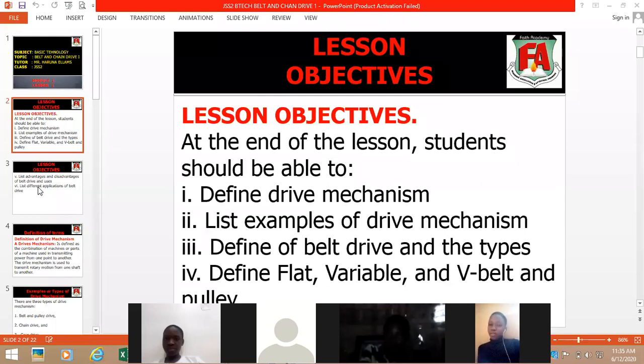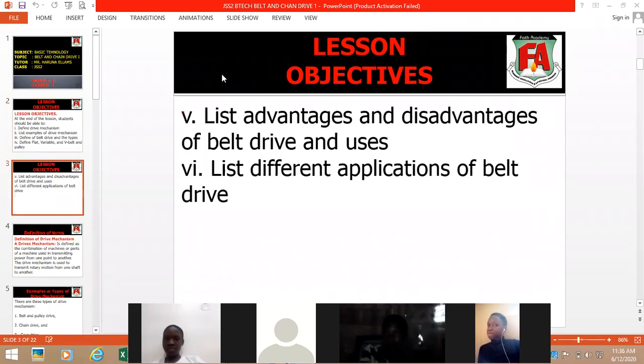And 5, list advantages and disadvantages of belt drive. And 6, list different applications of belt drive. At the end of the class, I believe God will help you to remember all of this, in Jesus' name that we prayed earlier on.